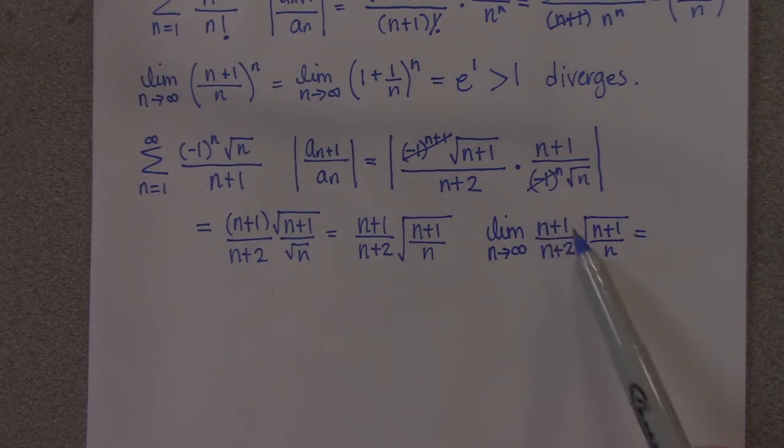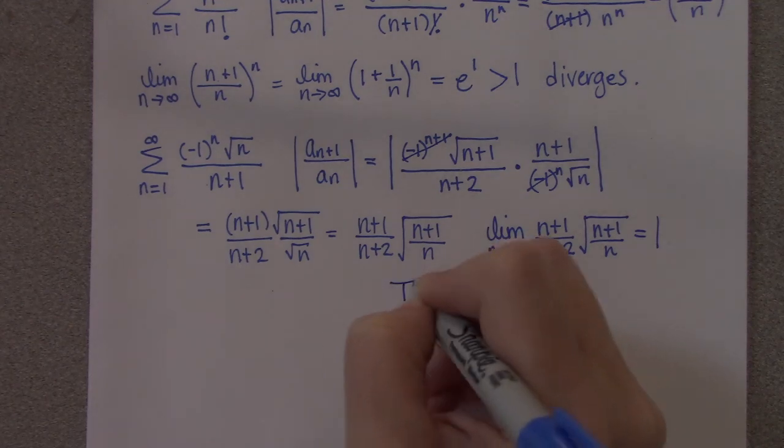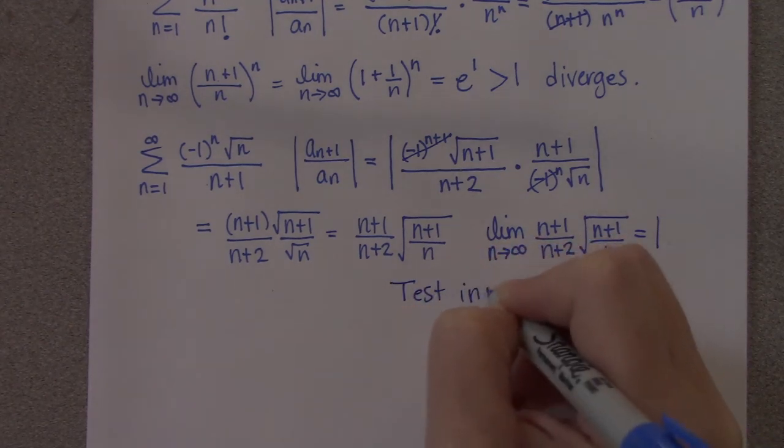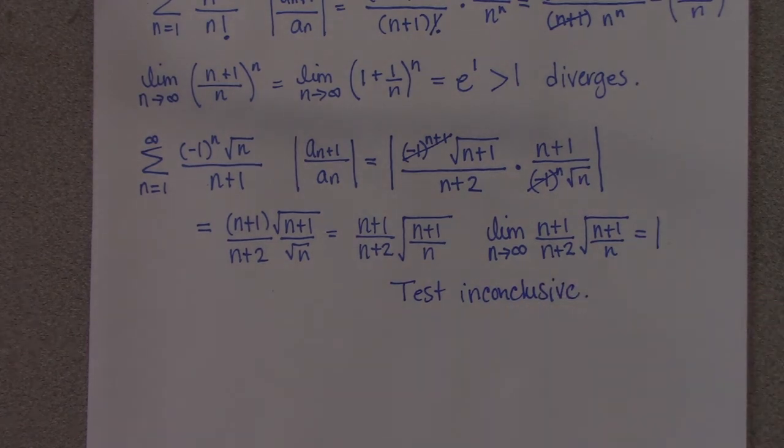So what's the limit of the guy out front? 1, right? The limit of the stuff under the radical is 1. So basically what you have here is 1 times the square root of 1, which is just 1. So if we get 1, the test was inconclusive. So nice try, but the ratio test doesn't work.